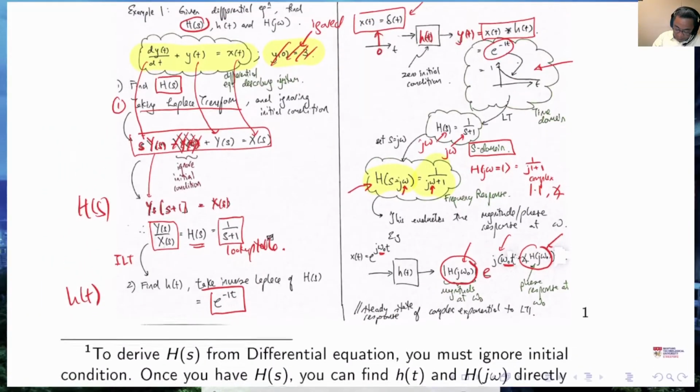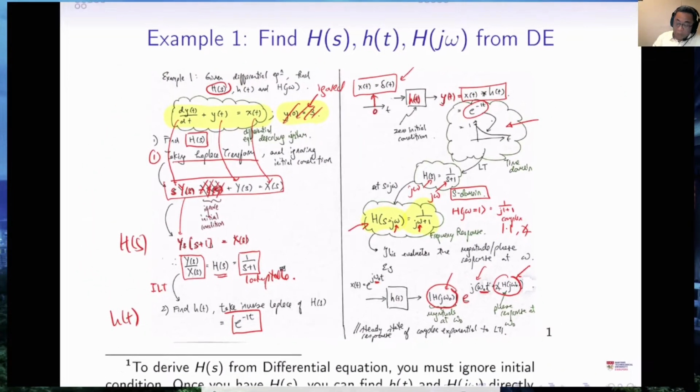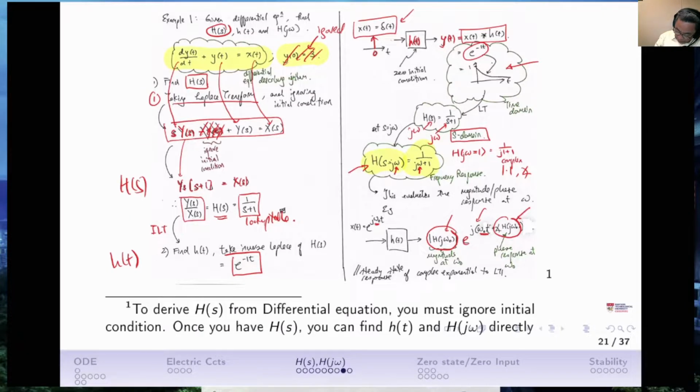So this little slide shows you how to go from H(s) to h(t) to H(jω) from a differential equation. So I repeat, you must ignore the initial condition when you are deriving H(s). Now, please be careful.